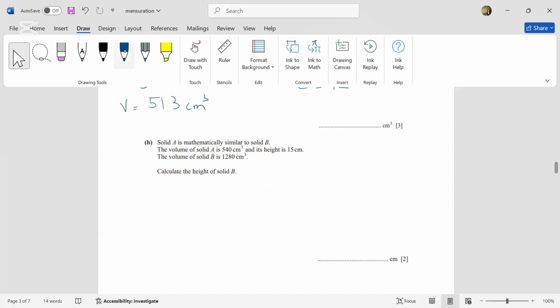We have the formula of V1 upon V2 is equal to H1 upon H2 power 3. Okay, in the numerator, we are going to take the solid A. So it will be 540. They have given us the height of it, 15 power 3 upon 1280.